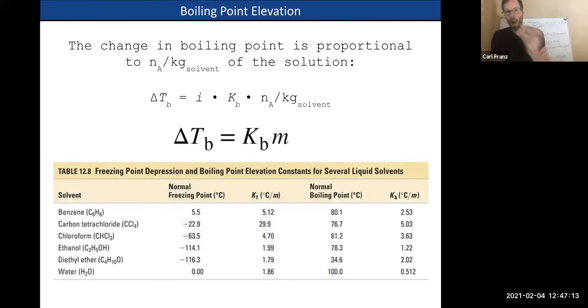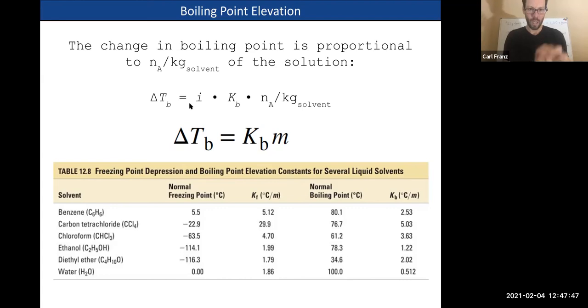And we can calculate all this by using this equation. We can say that the change in boiling point is proportional to the moles over the kilograms of solvent in the solution, okay? So the change in TB, that's the temperature of boiling, is equal to i. i is the van 't Hoff factor, which we will talk about.